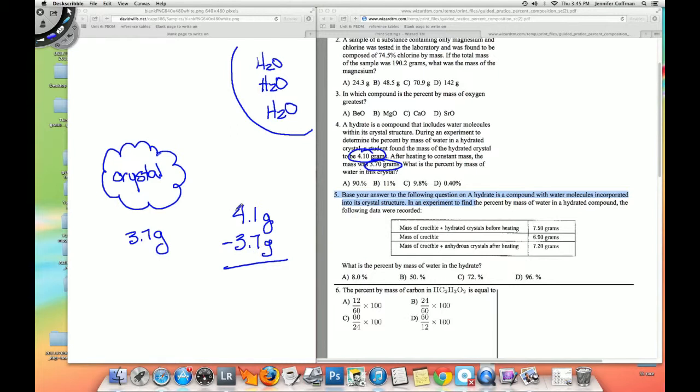If we take the difference between those two numbers, which happens to be 0.4 grams, that 0.4 grams indicates the mass that was lost when the water left. So the water must have weighed 0.4 grams, because if we started with 4.1 and the only thing we have left is 3.7, then the water must have been 0.4.